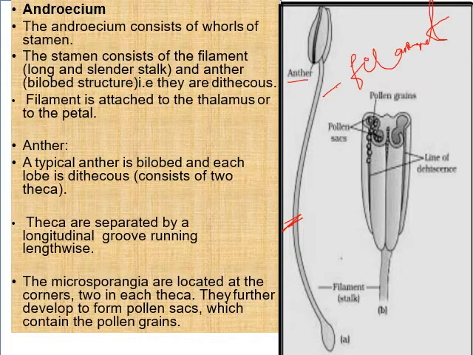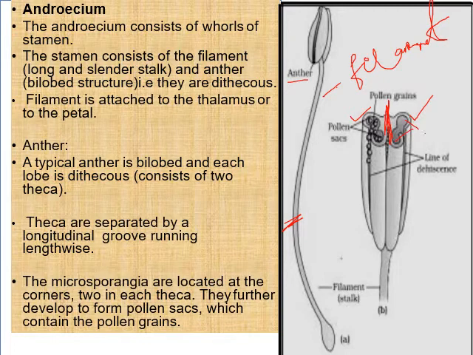If you cut this anther transversely, you will find that it is comprised of two lobes. You will find this type of separation: one lobe here and the other lobe here, and these two lobes consist of two compartments.